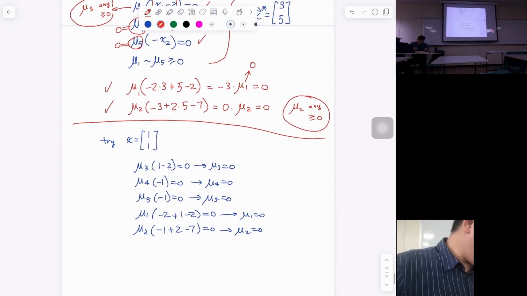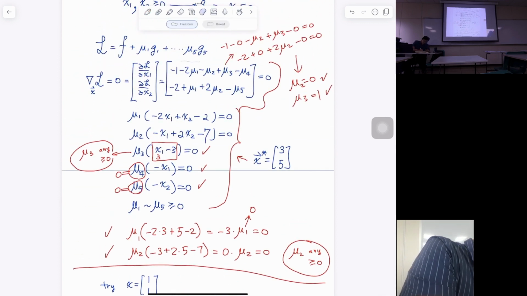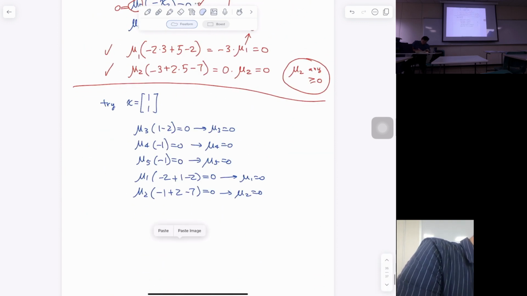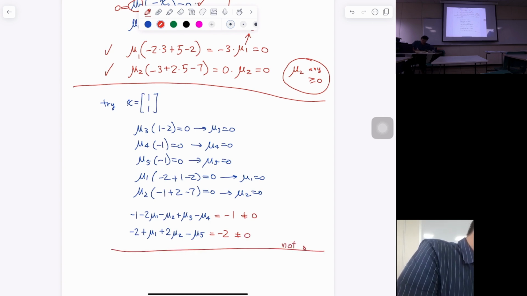But over here, now I need to check these two. I haven't checked this yet. So in this case, the whole thing equals -1. This is -2. So not 0. So not optimal. See?